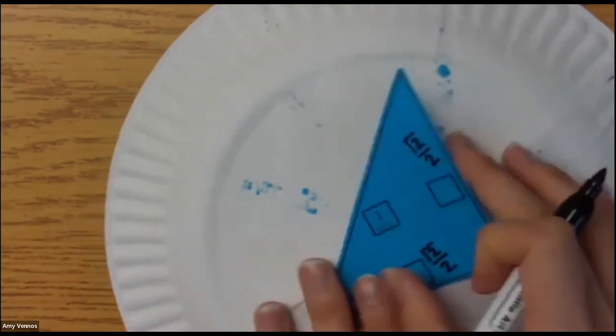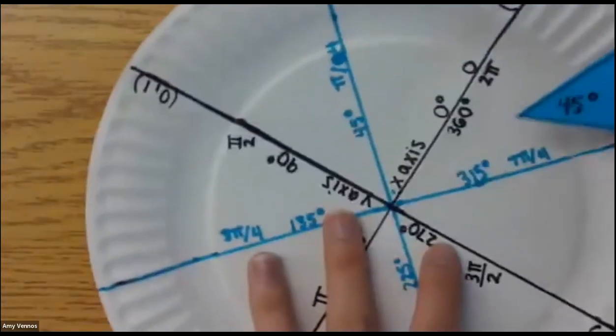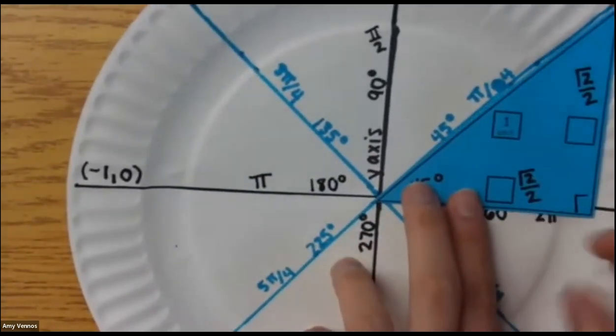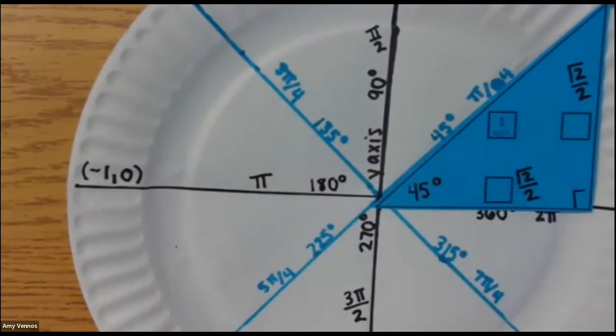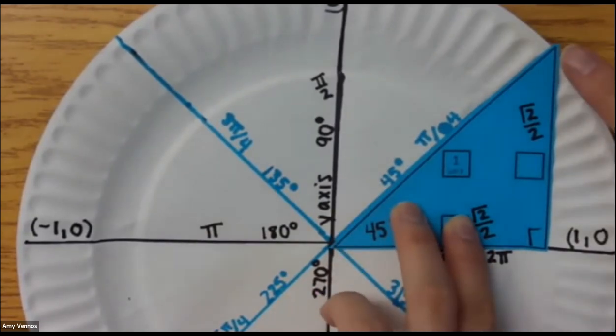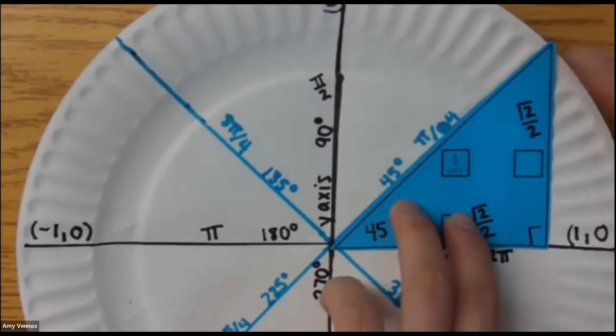Okay. So why don't we flip to our unit circle. We've got our x-axis, our y-axis, and we have our 45-degree angle. Taking a look at this, does anyone want to guess what the coordinates of this point right here are?